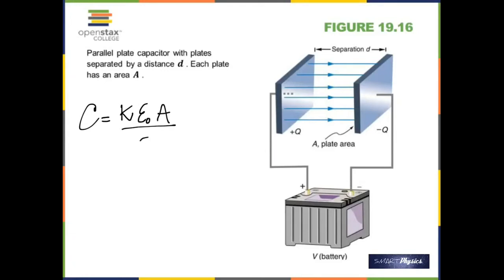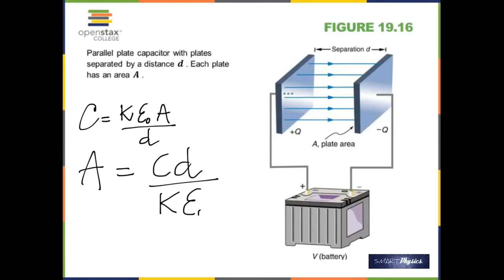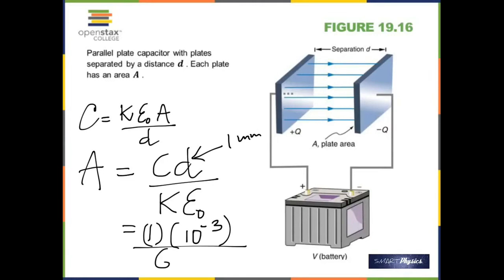Well, I've written the formula one more time. And if you're asked to calculate the area, you can rearrange this and just try to find the area of the plates required to have a capacitance of 1 farad.